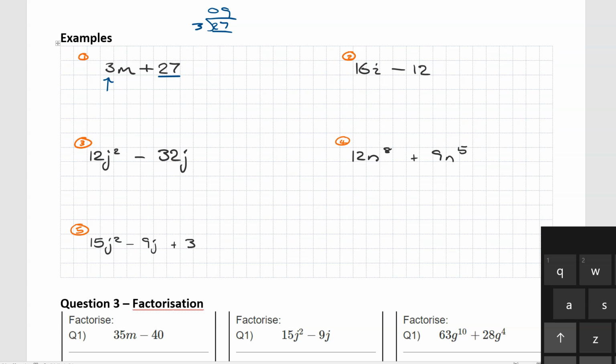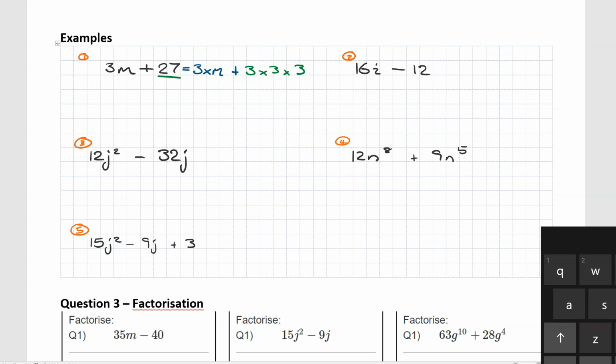Or another way to do it is you can simply write all of these out in terms of their factors. So I'm actually going to take the second route. I'm going to write 3m as simply 3 times m plus, and then we've got this 27 here. The factors of 27 are 3 times 3 times 3.